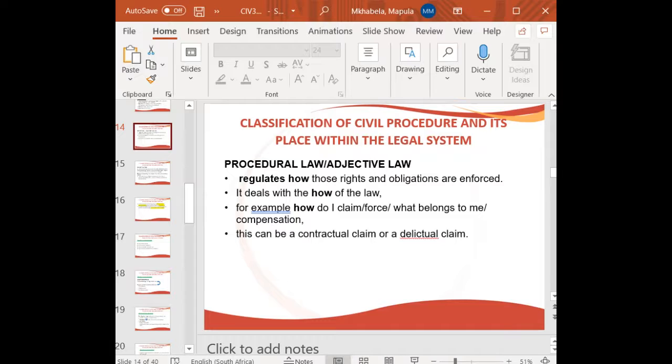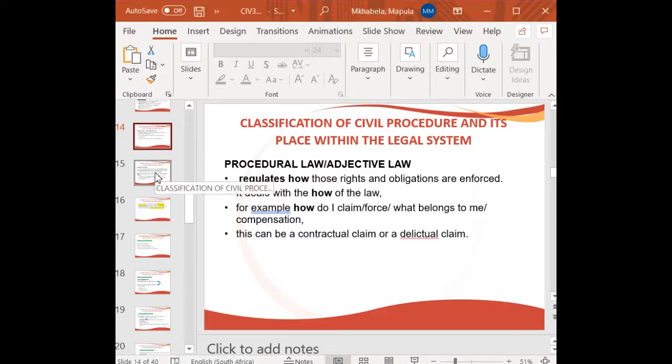This means X and Z will deal with the procedures to be adopted in both their claims and what evidence will be required to prove the claims. Therefore, redress in court is achieved by instituting and defending legal proceedings and obtaining a judicial order which can be enforced or executed.